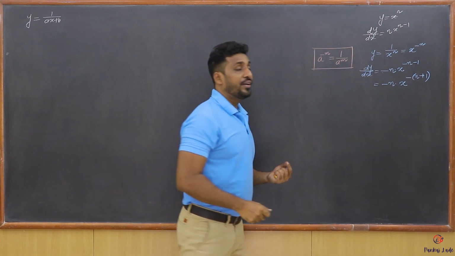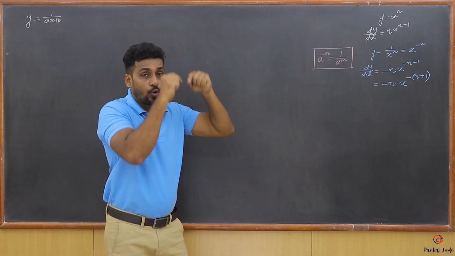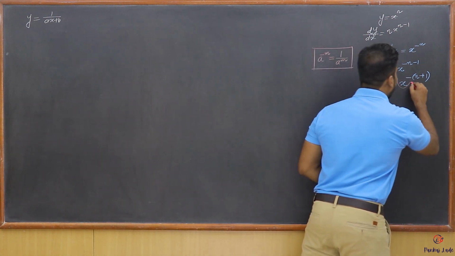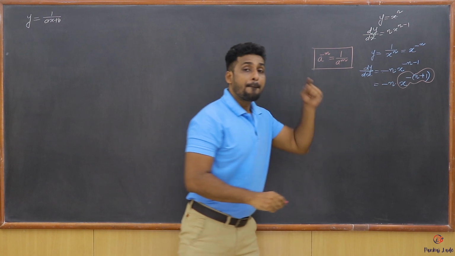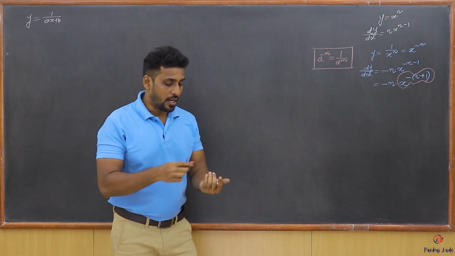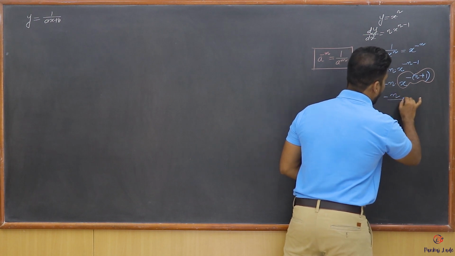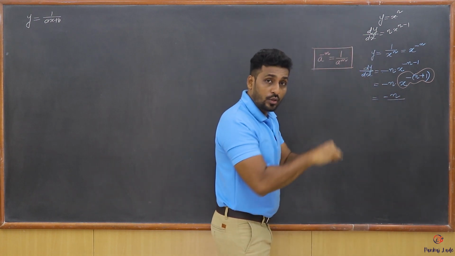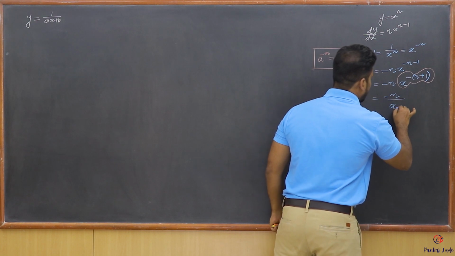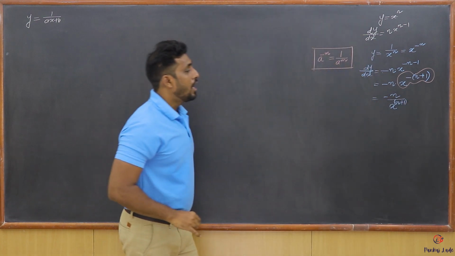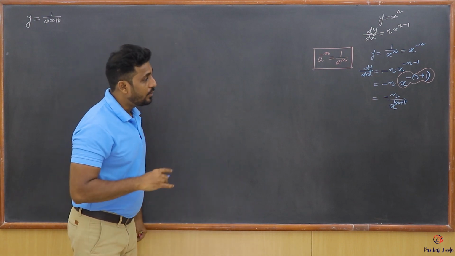So using the law of indices, the negative power in the numerator can go in the denominator and become positive. So here also I can say this x raised to minus of n plus 1 can now be written as, you get minus n upon x raised to n plus 1. So minus of n upon x raised to n plus 1.